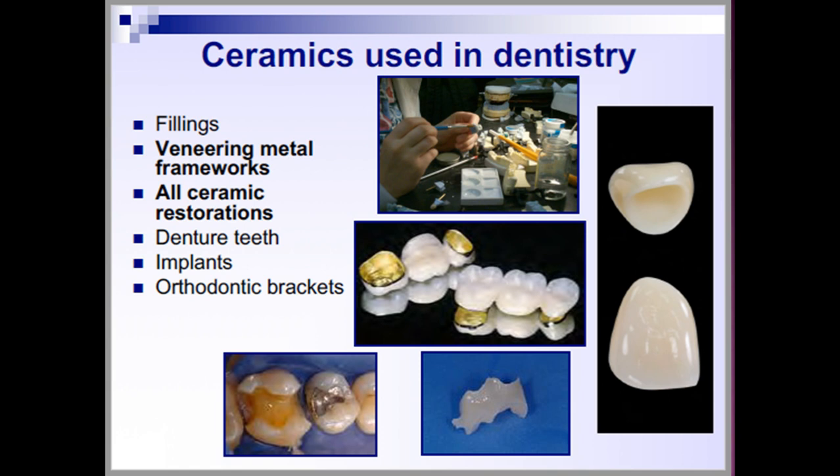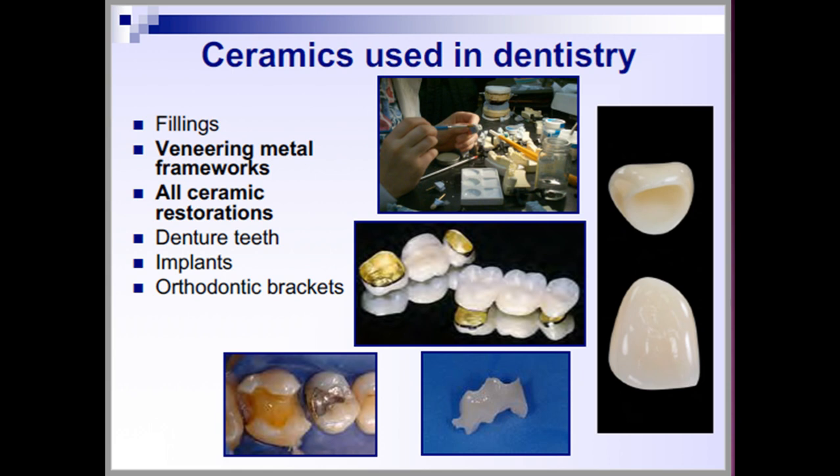Depending upon the processing, we can classify them, and the varieties we use to fabricate or manufacture these materials. According to fusion temperatures, according to microstructure, according to transparency, and according to applications, where exactly we use these ceramic materials and for what purpose.